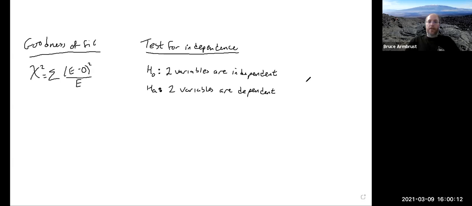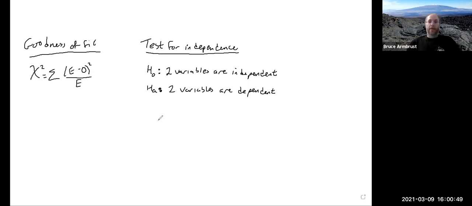All right, so you can see how this is very different than goodness of fit. In goodness of fit, we were looking at how our observed distribution matched up against our expected distribution. This time we're looking at just, are things dependent or independent? Now, you may remember we talked about this back when we did probabilities, right? If two variables are independent, then one of them does not affect the other.